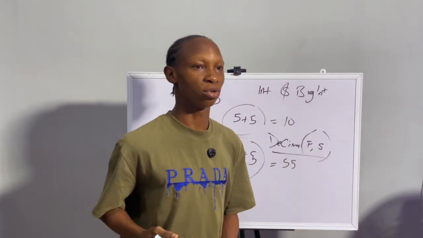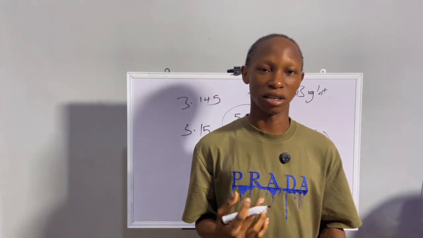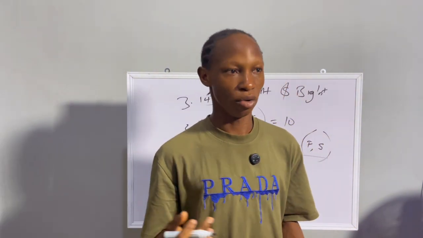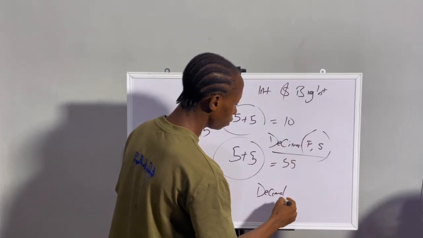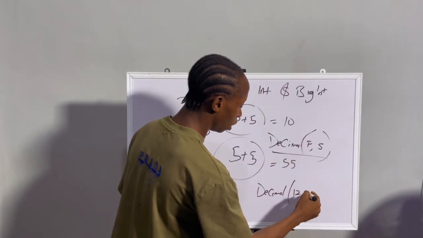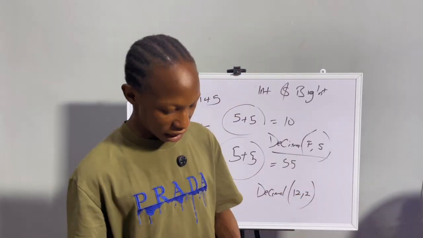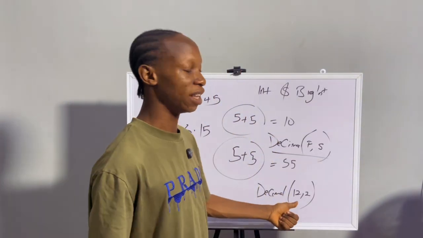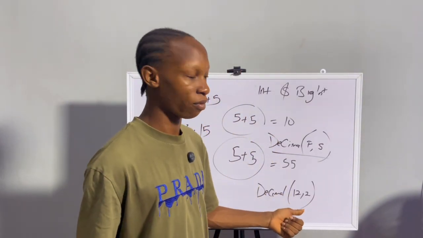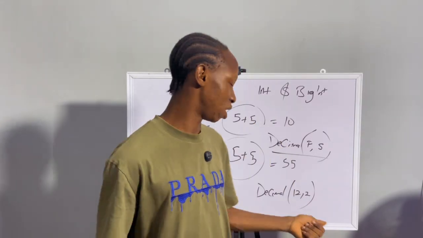So for example, if I'm trying to store the salary of an employee, I can use decimal(12,2). What I'm trying to do here is that the digits of the salary of that employee must not exceed 12, and the decimal part after it cannot be more than 2.